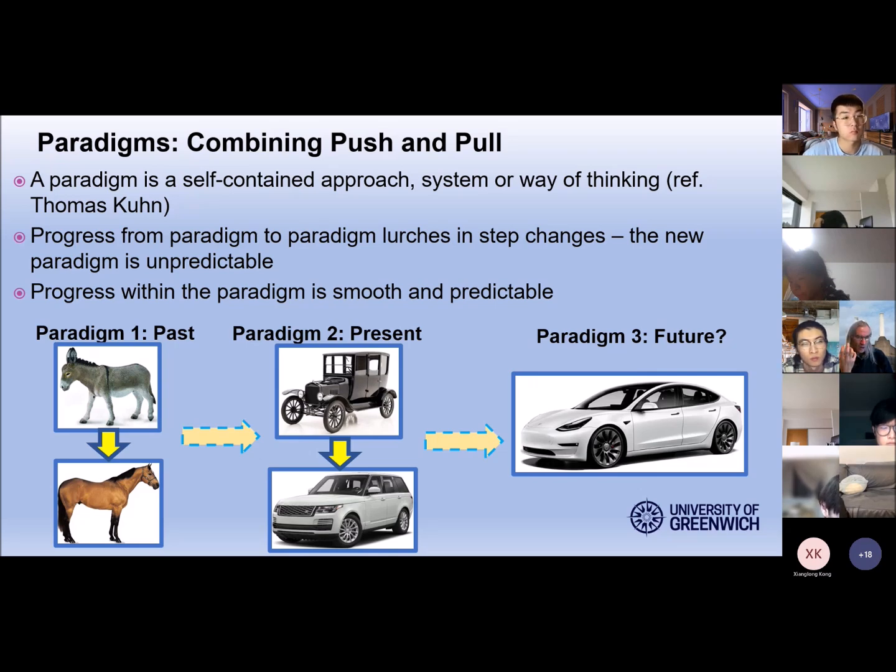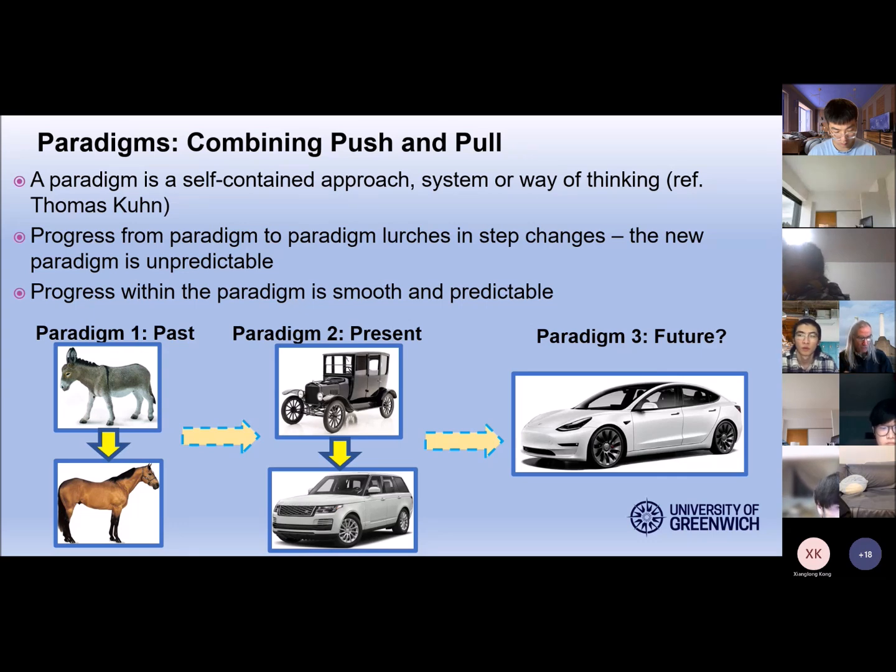Now, a view of technological development is that of paradigms that combines that push and that pull. And the idea is that we have a new technology, and then we center around that new technology and refine it and develop it over many, many years, probably.